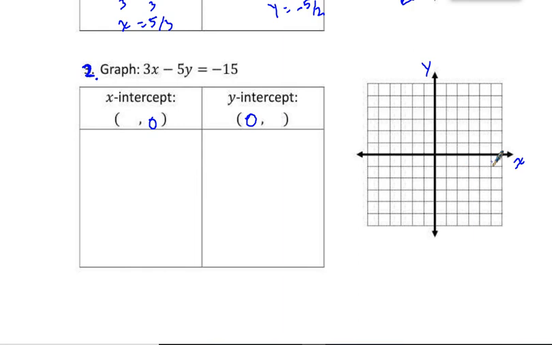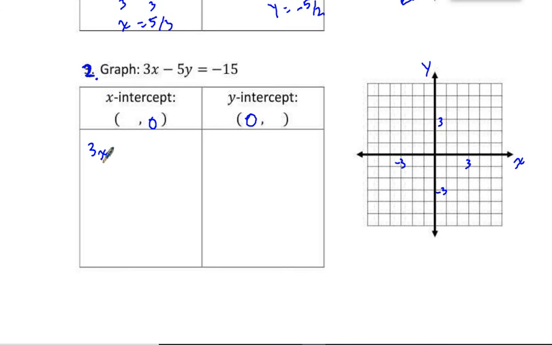Again, we'll set up our scale, and we've labeled the x and y axis. We've set up saying put 0 in for y to find an x-intercept.